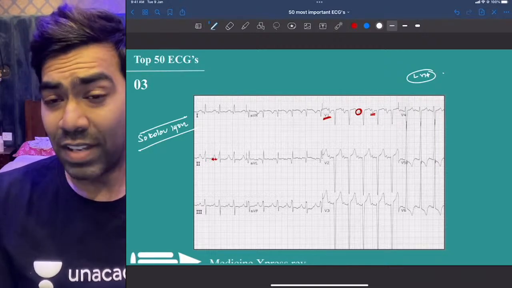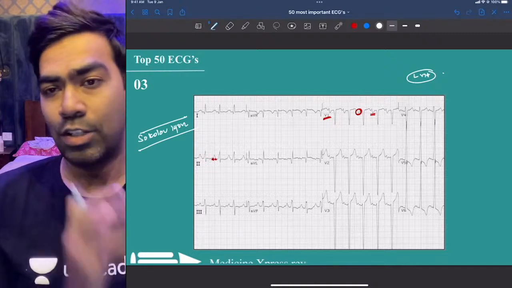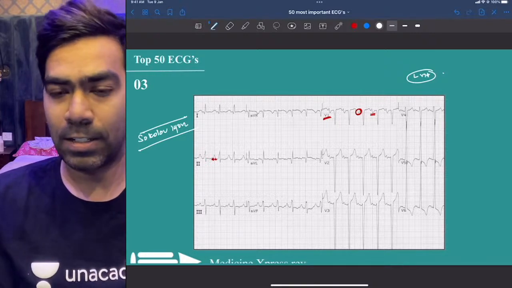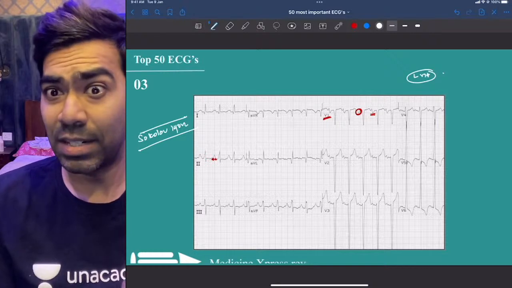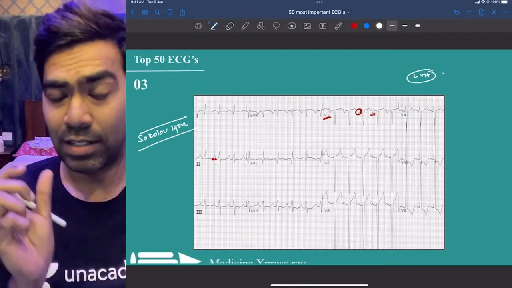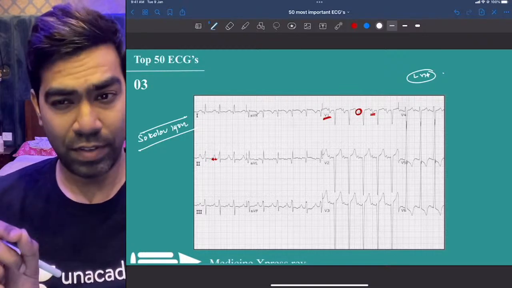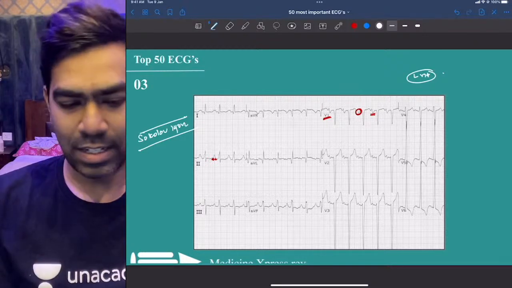But it's not a very sensitive criteria, in the sense if a particular EKG does not fulfill the Sokolov-Lyon criteria, it doesn't mean that the patient is not having LVH. Remember, to find out LVH, echocardiogram is considered very sensitive and specific, but EKG is considered very specific but not very sensitive in that regard.